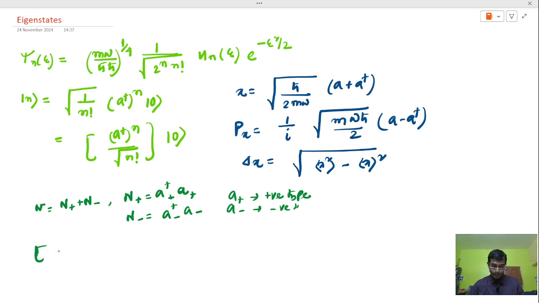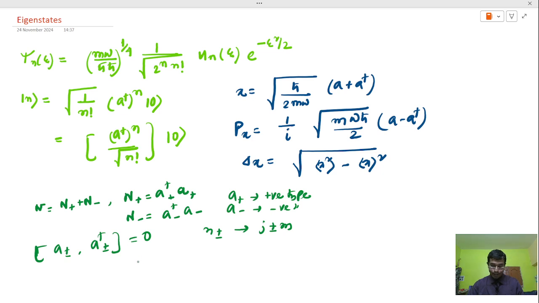And this commutation of a plus minus and a dagger positive negative should be 0, and N positive negative should be j plus minus m.